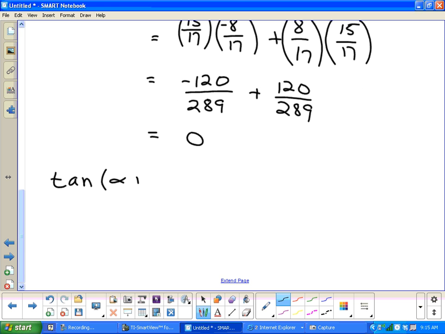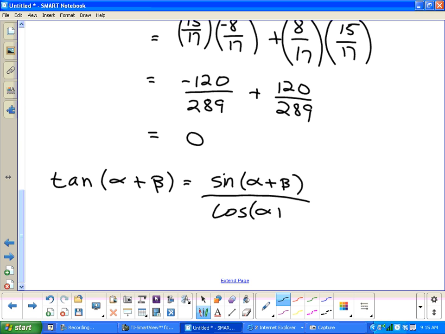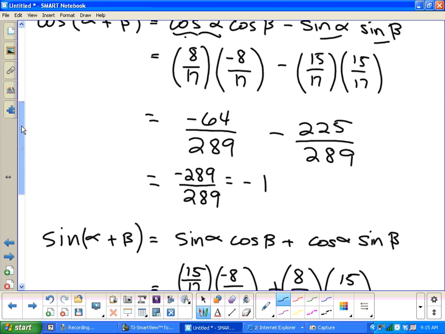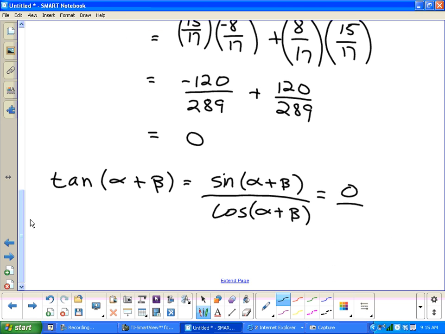Instead, we're going to do the sine of alpha plus beta over the cosine of alpha plus beta. Okay. So what was the sine of alpha plus beta? We just found it. 0. Okay. And then the cosine of alpha plus beta, it really doesn't matter, but it would be negative 1. And then 0 over negative 1 would just be 0.